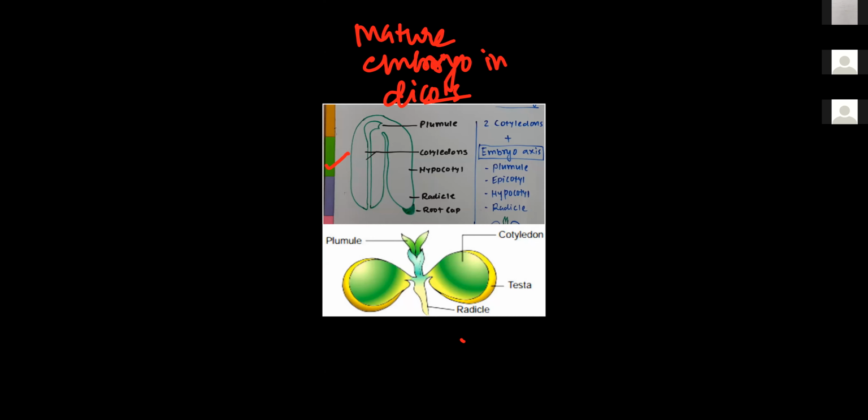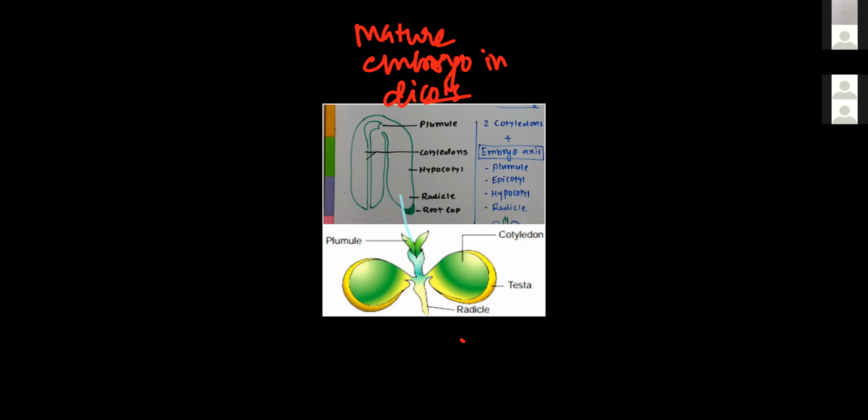In this embryo axis, along with this, there are two cotyledons. This is the one, this is another one. The two cotyledons enclose the embryo axis. A mature seed is equal to an embryo axis and two cotyledons.